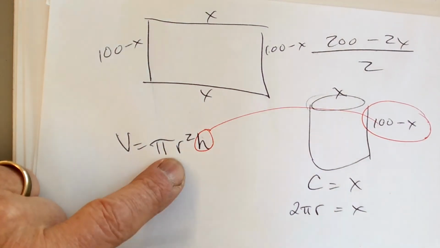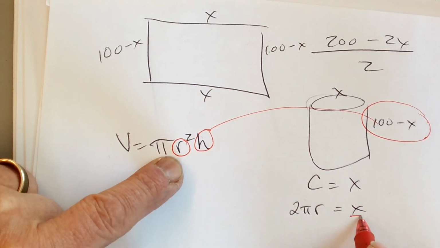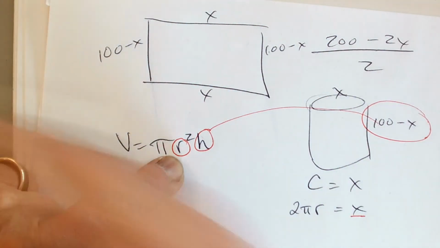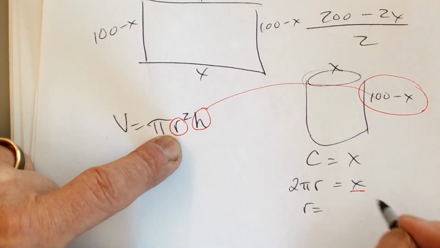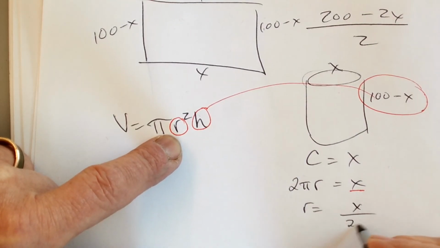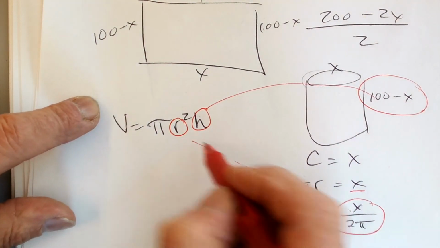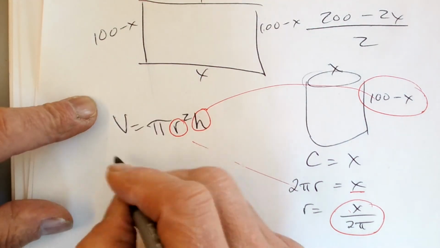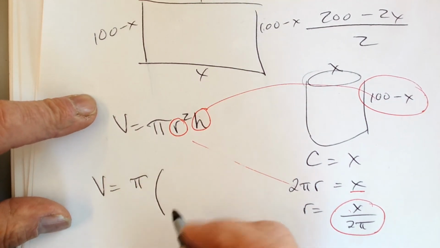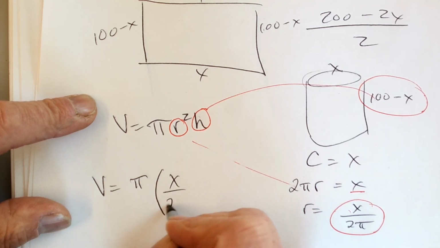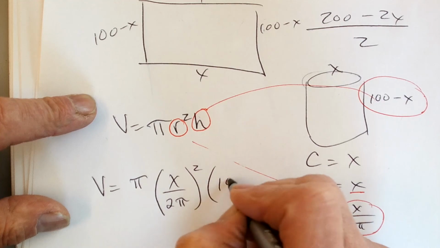I need to substitute in the radius in terms of x. So if I solve for r, divide by 2 pi, I get x divided by 2 pi, and I'm going to substitute that in. And here is my volume formula, and then you just have to use your calculator to find the maximum and the dimensions. So that's how you do the extra.